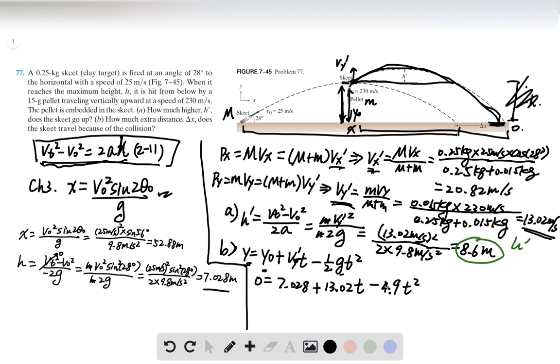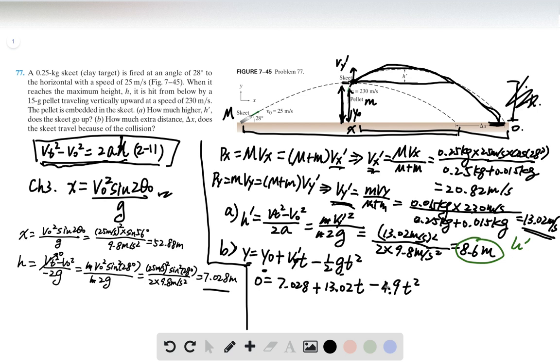I am ignoring all the units here, because I am just doing the arithmetic manipulation of this equation in order to find the value of t. And of course, in order for me to ignore all the units, I do make sure that all of them are in SI units, which they are.